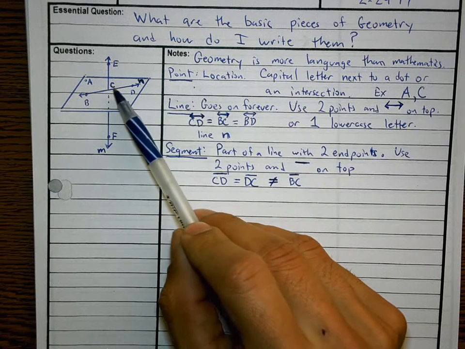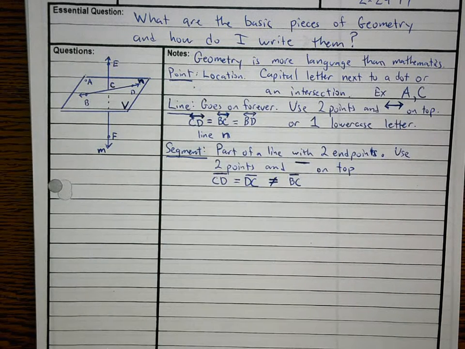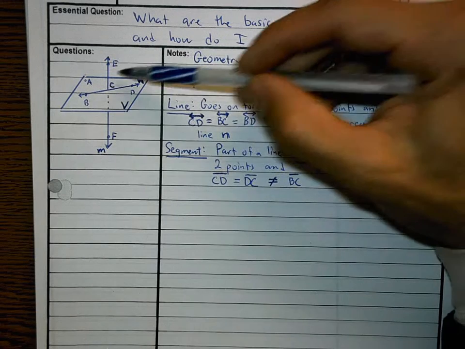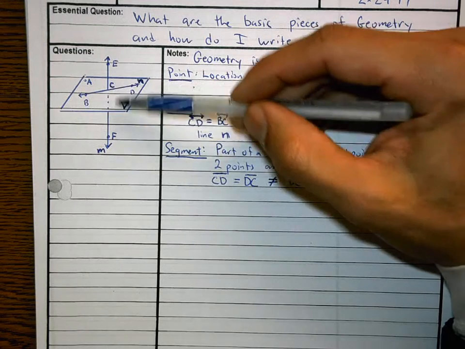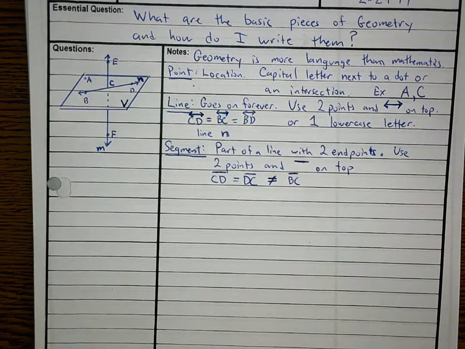You can write line CD, but it has to have these arrows on top. And if I said, give me a segment that is collinear with EC, you would probably say segment CF or something along those lines, but you have to write it with the bar on top.